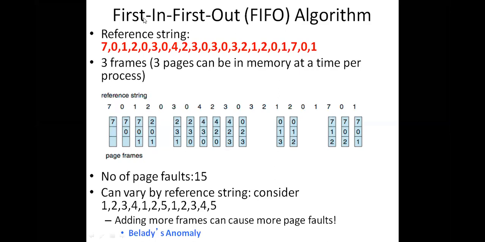As it is a first in first out algorithm, we need to take out the page which came into the frame first. Among 7 0 1, which page came into the main memory first? The 7th page. So we replace 7 with 2: 2 0 1.